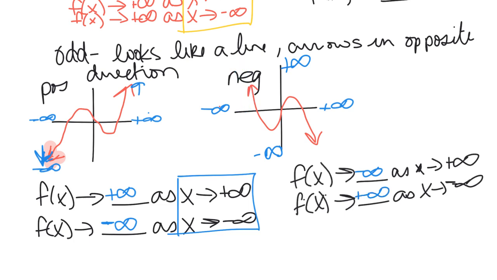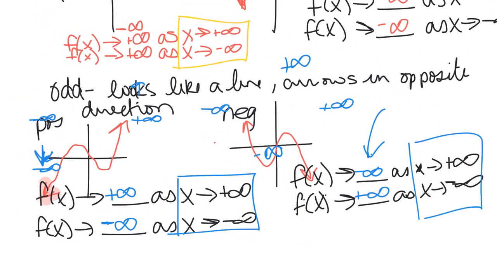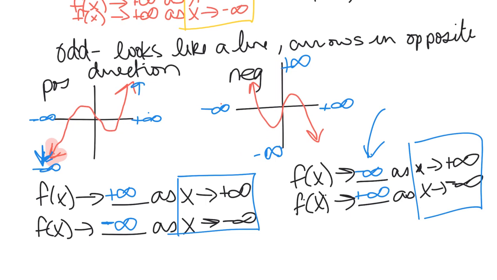And you don't have to put the positive in front of it, you could just put infinity. And again, this part's the same. What you're changing is what the f of x is doing. And with the odds, these are going to be opposite. With the evens, they're going to be the same.